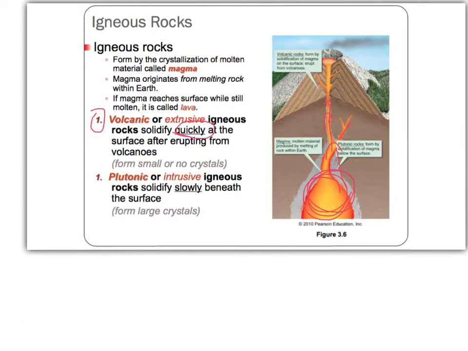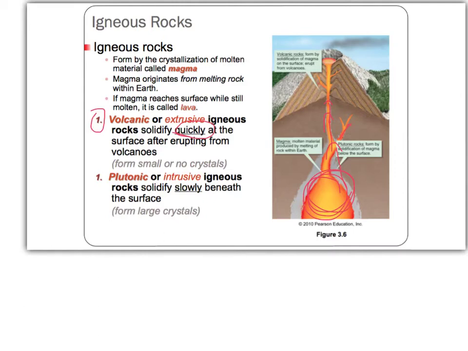As the magma rises, pressures are generally going to decrease, and so gases that might have been forced into solution in the magma down deep under pressure, when that reaches the surface and pressures decrease, oftentimes those gases come out of solution, form gas bubbles, and outgas from the magma as it is going higher and higher in the chimney of the volcano, for example.